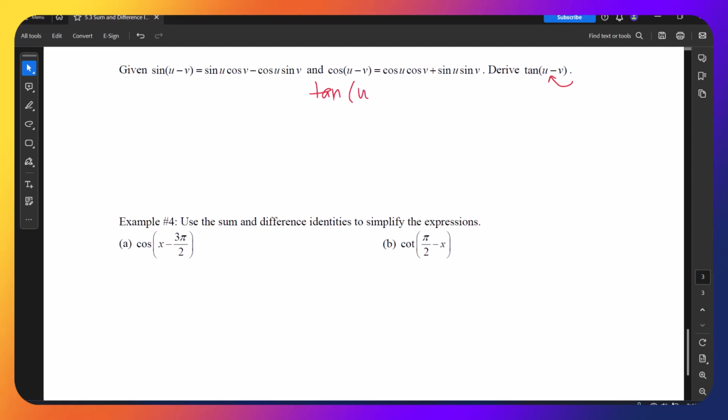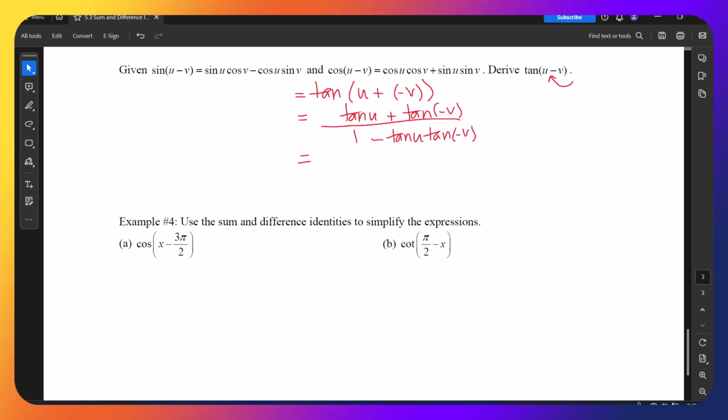Tangent of u plus a negative v. Okay, and now I can actually use the identity that I just proved right before this one, which is tangent of a sum. That would be tan u plus tan of negative v divided by 1 minus tan u tan negative v.